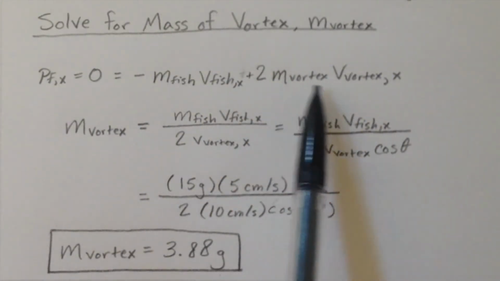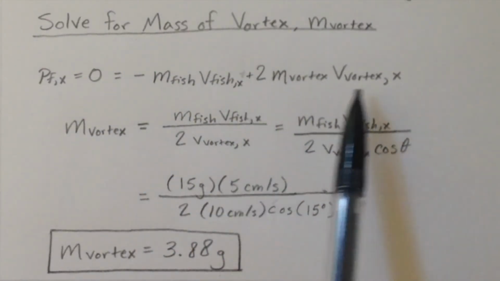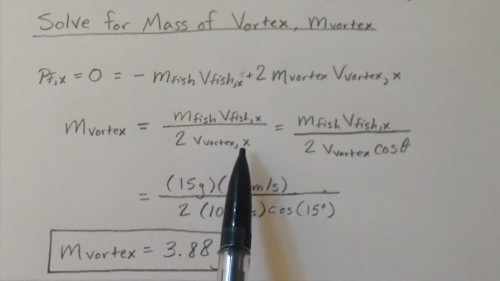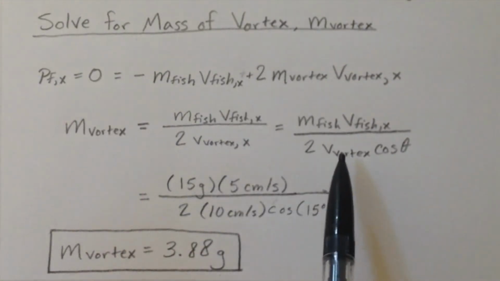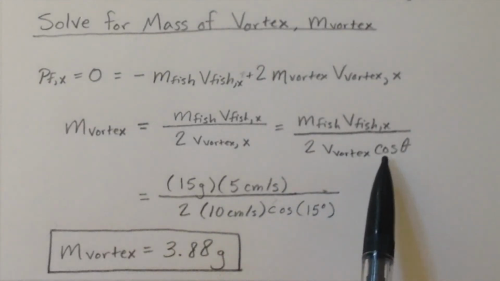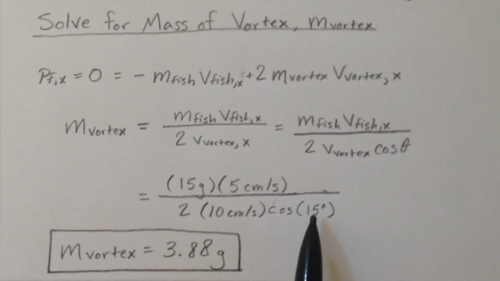We can solve for the mass of the vortex by moving this term to the left-hand side and dividing by 2 times the velocity of the vortex in the x direction. We then rewrite this term as the velocity of the vortex times cosine theta because we only want the x component. We substitute in the values given in the problem statement and evaluate to find that the mass of the vortex is 3.88 grams.